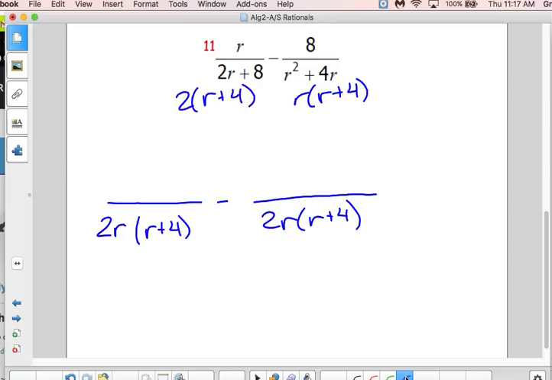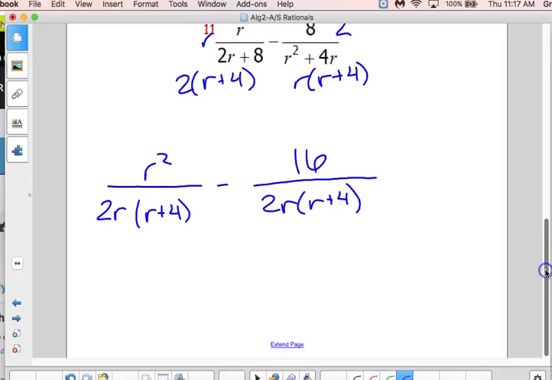So what piece is missing from the first one? An r. It has the 2, it has the r plus 4. So what's our new numerator going to be? R squared. The second one, what's that one missing? 2. So what's our new numerator over there? 16. Now we can actually add them together to give us r squared minus 16.